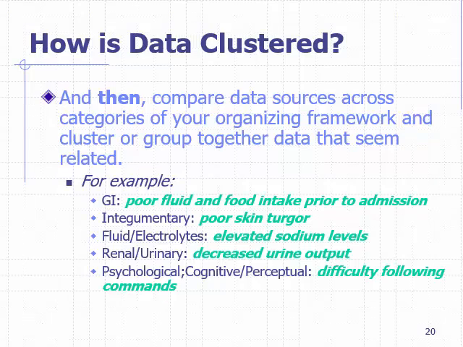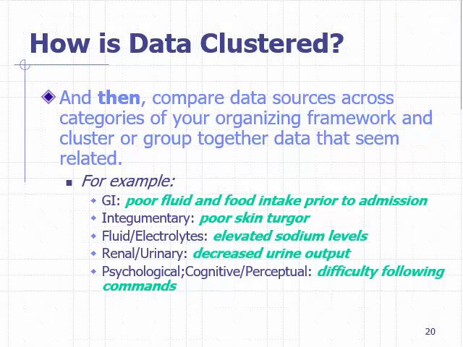Then you want to compare data sources across categories of your organizing framework and cluster or group together data that seems related. For example, under GI, the patient has poor fluid and food intake prior to admission. His skin has poor turgor. He has elevated sodium levels with his fluid and electrolytes.